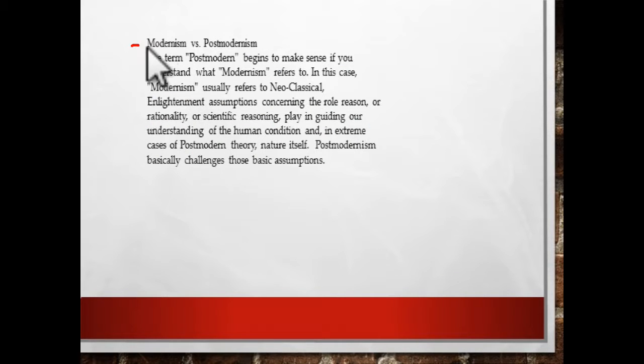Modernism and postmodernism. The term postmodern begins to make sense if you understand what modernism refers to. In this case, modernism usually refers to the neoclassical Enlightenment assumptions concerning the role reason, rationality, or scientific reasoning play in our understanding of the human condition.